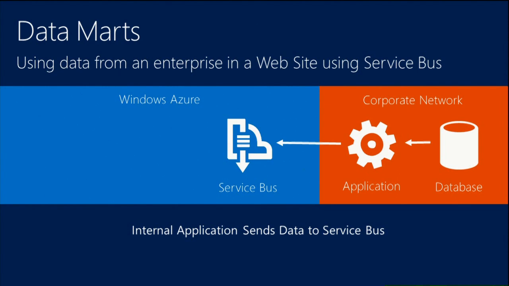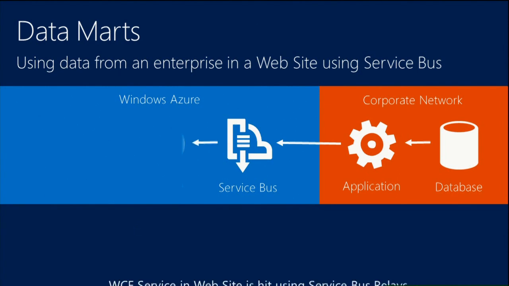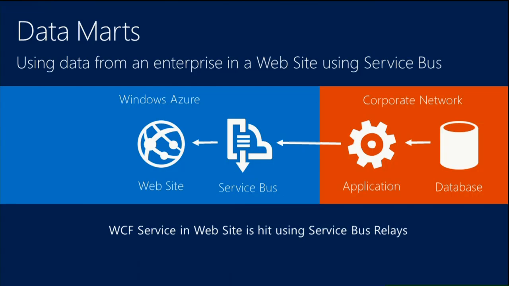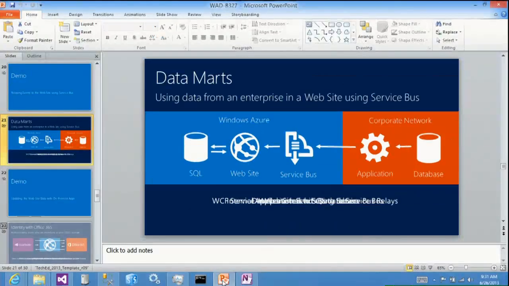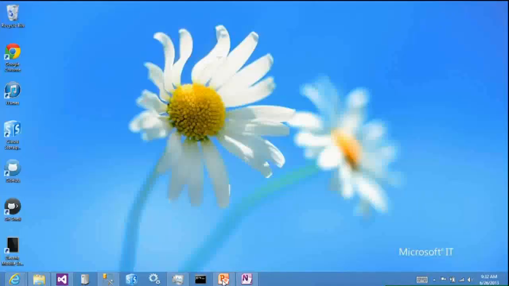I push the data to the service bus, again using relays and WCF services, and this relays the information back to the website. The website can now talk to this database. It could be another database, or it could be the same on-prem database. It totally depends on the scenario. Let's see how we can achieve data marts.